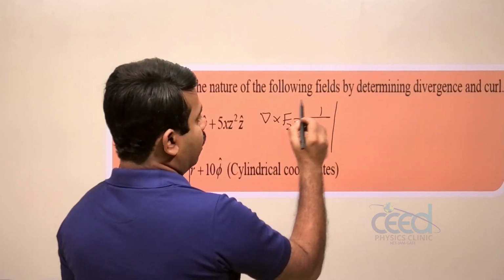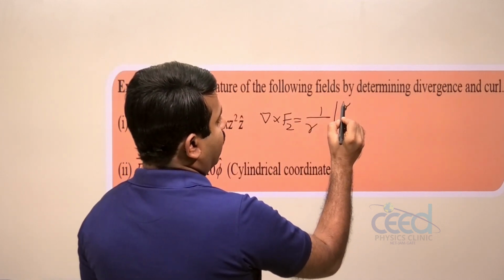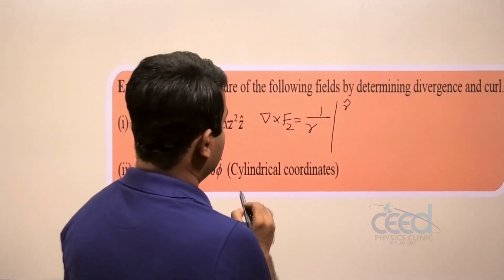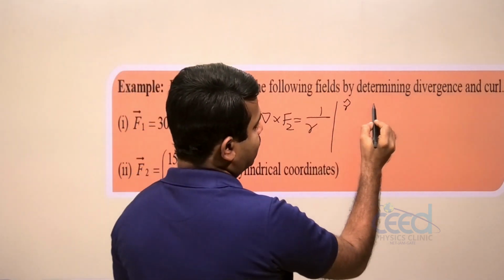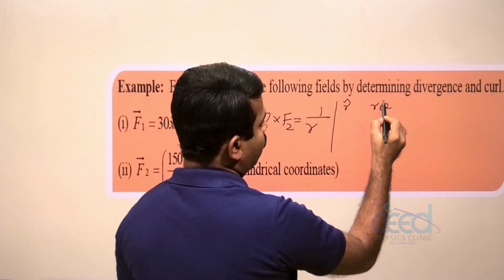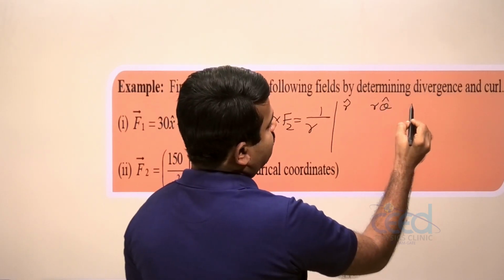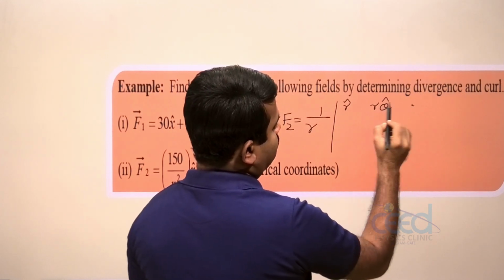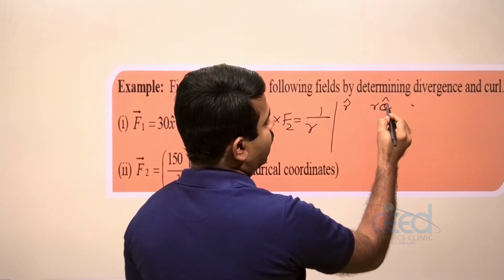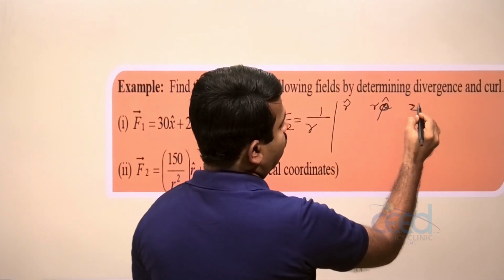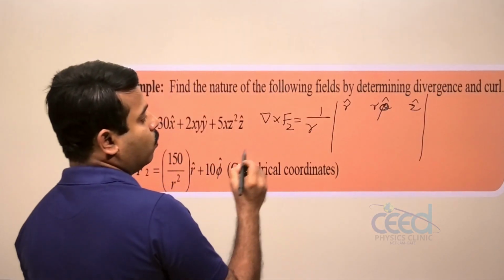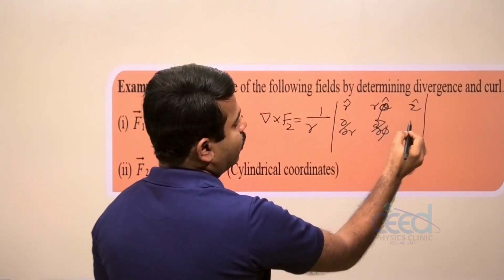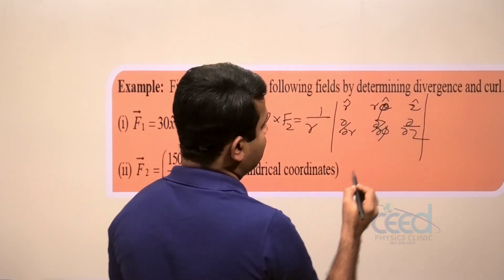Then the unit vectors are r cap, phi cap, and z cap, with dou by dou r, dou by dou phi, and dou by dou z.